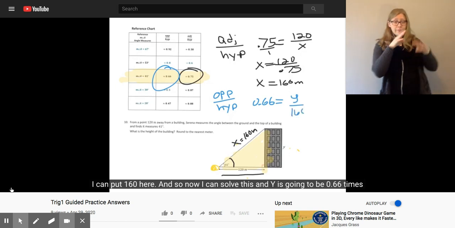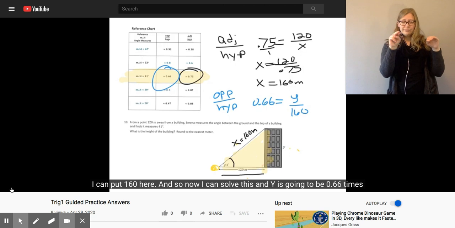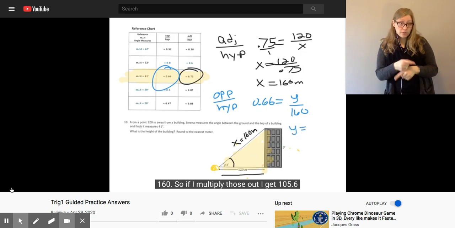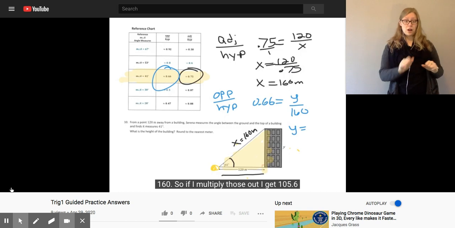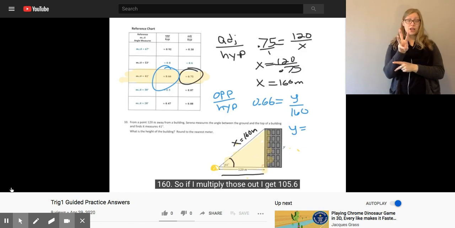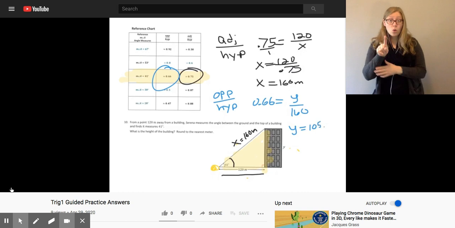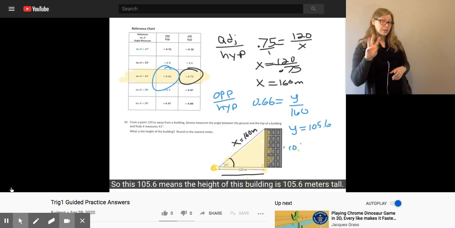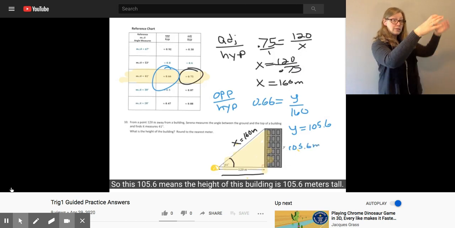I can put 160 here. And so now I can solve this, and y is going to be 0.66 times 160. If I multiply those out, I get 105.6. So the height of this building is 105.6 meters tall.